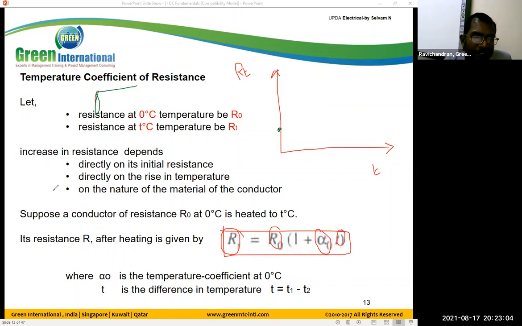Just now we checked: we gave 10 volts and measured 0.5 amps, so the resistance is 20 ohm. So that means if the temperature increases, the resistance increases. Correct? Yes, this happened for the green color wire.